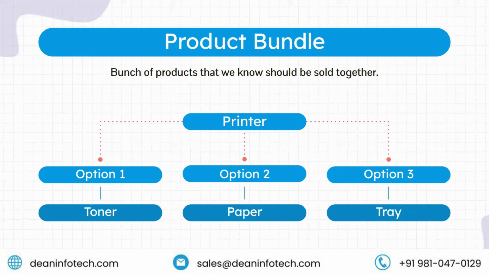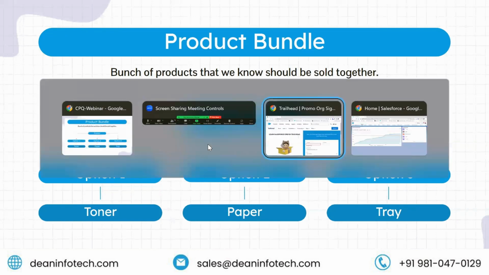So the main trick is how CPQ knows that they are supposed to be sold together, and how it knows that these products are to be sold in a bundle. So we configure these products together in CPQ and relate them using options and features, which we'll see in this session. Okay, now I'm going to share my screen, my org screen.